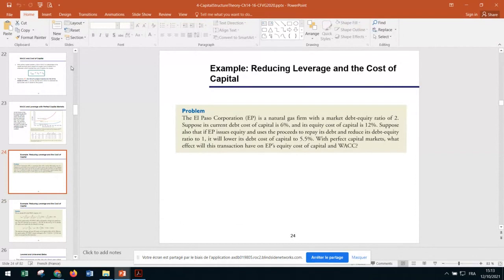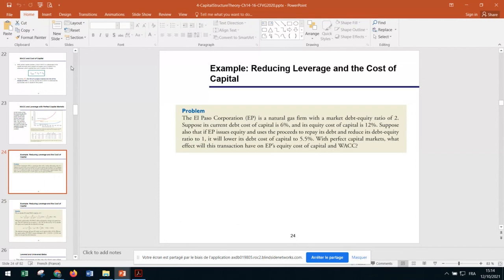Suppose the current debt cost of capital is 6%, RD equals 6%, and the equity cost of capital is 12%, RE equals 12%. Suppose it issues equity and uses the proceeds to bring D over E to 1, which will lower its debt cost of capital. RD new will be 5.5% in the perfect capital market.